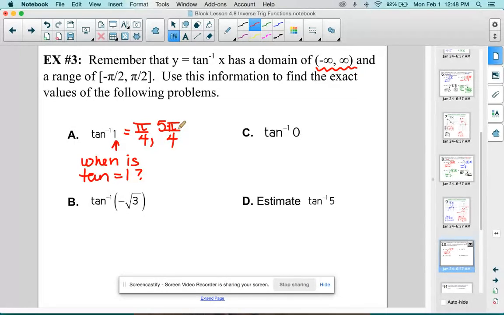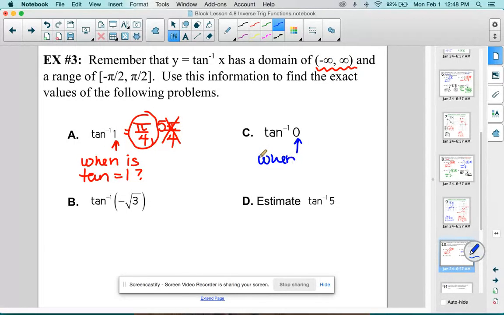So 2 answers. And then you're going to look at your range and see which of these two fits in the interval. So say bye to 5 pi/4, just single pi/4 is your solution. Okay, check 0. 0's in the domain because everything is in the domain.